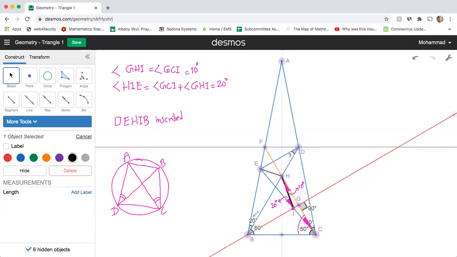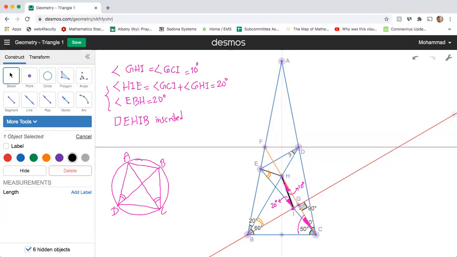And in this picture, you see this was 20 degrees. This angle EBH is 20 degrees. The angle HIE is also 20 degrees, which makes the quadrilateral EHIB an inscribed figure. Well, then we could use that fact to show that this angle is congruent to this angle.